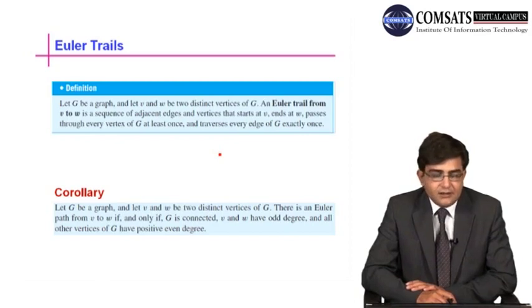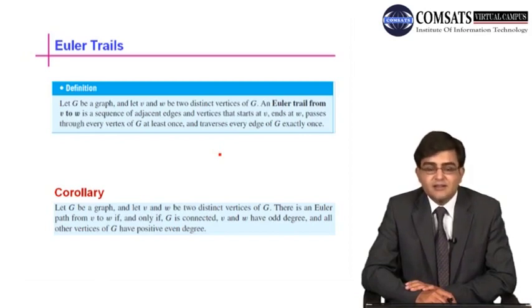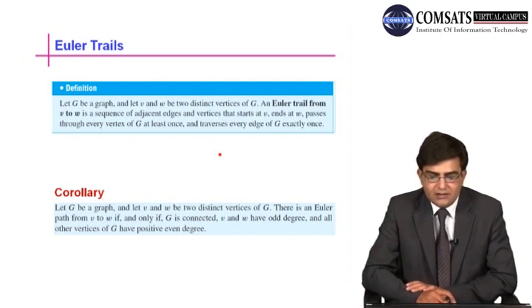So there is an important result which helps us to construct Euler trails for given graphs. It's a corollary. Let G be a graph and let V and W be two distinct vertices of G. There is an Euler path or Euler trail, we can say Euler path also, from V to W if and only if G is connected.